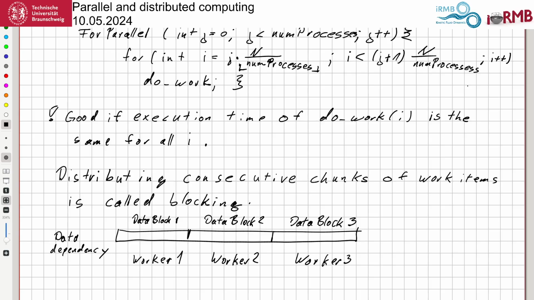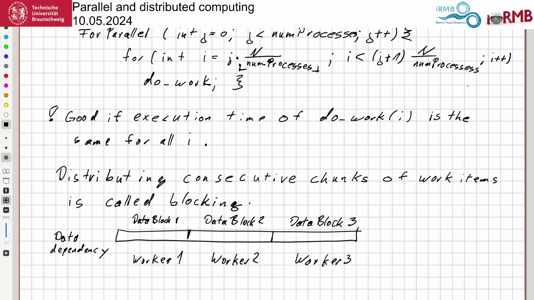If we are depending on data, there are two aspects that we should take into consideration. The first is that our computers have caches, and they usually read chunks of memory and not just single numbers.